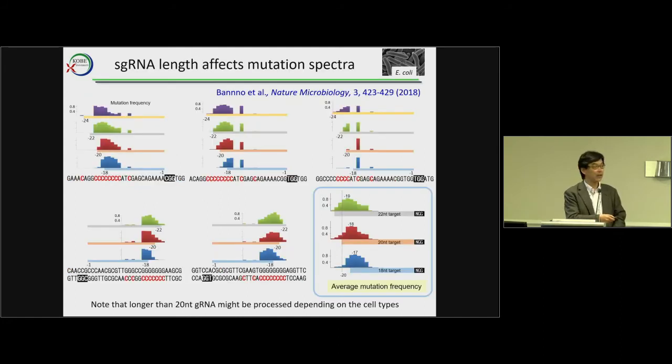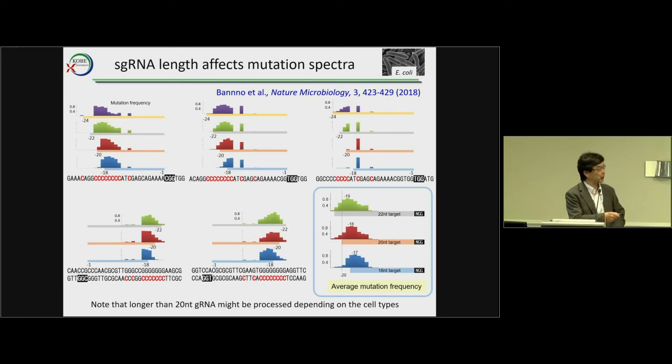We further clarified this editing system by utilizing E. coli. This is the effect of the length of the guide RNA, from the 19th to the 20 something. Sorry, I cannot see the exact numbers. But depending on the size of the guide RNA, this different color shows the difference of the guide RNA. You can clearly see that if you utilize the longer guide RNA, mutation spectra are wider.